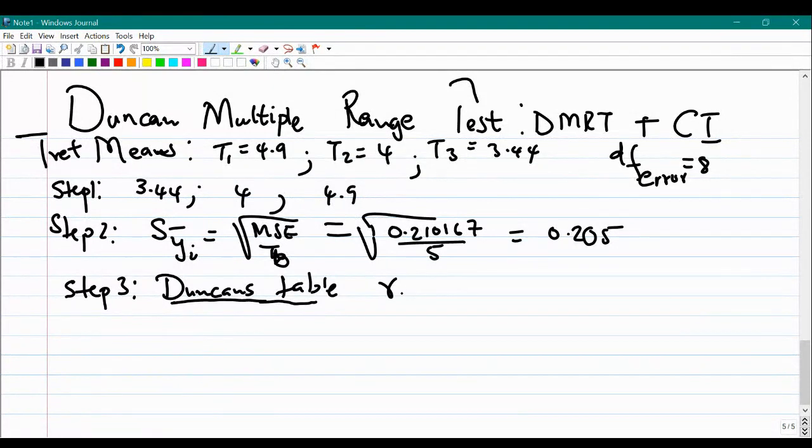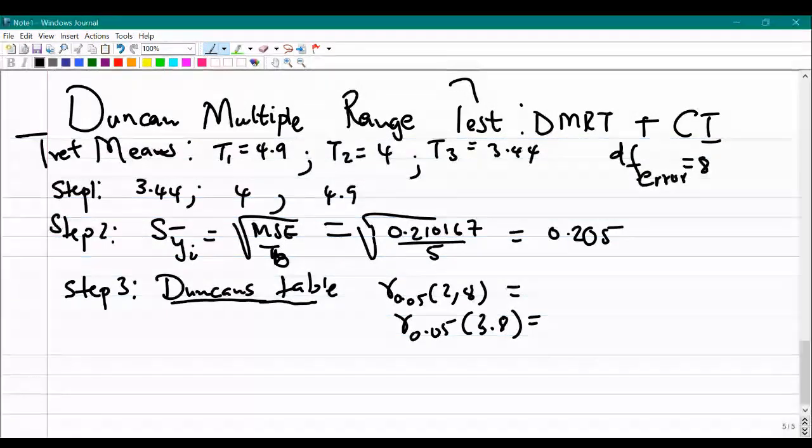R of 0.05, 2, and 8, and R of 0.05, 3, and 8, because we have 3 treatments. The first value is 3.261. The second one is 3.399.